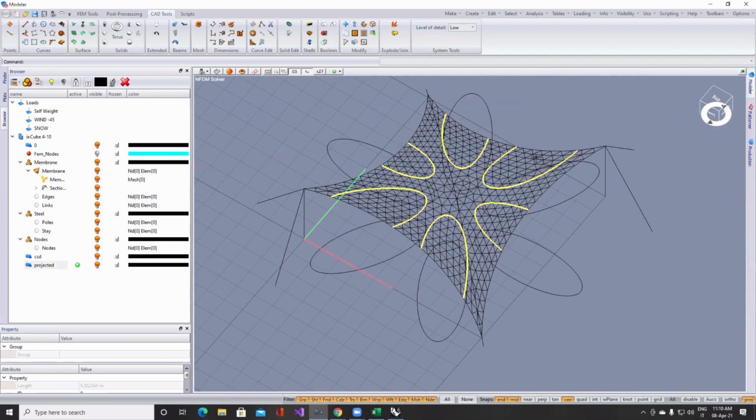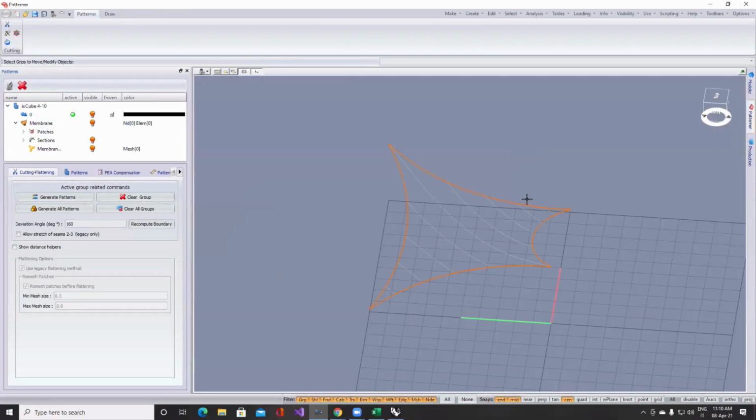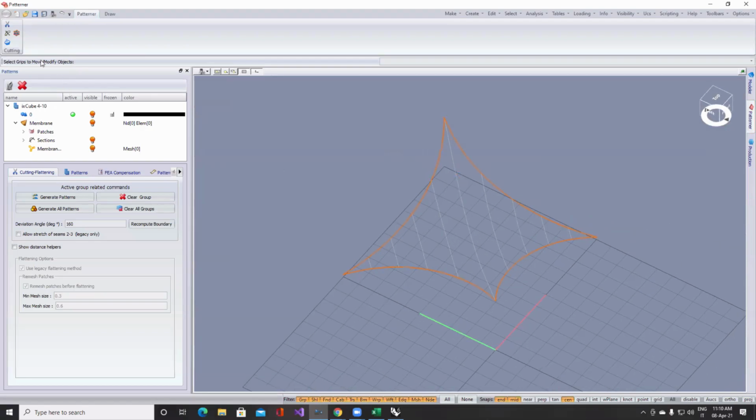So we select these curves. I enter the patterner again. And now we have this last tool that is called modeler cutting. It means get the selected curves from the modeler and use them as cutting curves. Again, we can use those curves as graphical entities, that means only drawn on the patterns, or as cutting curves.